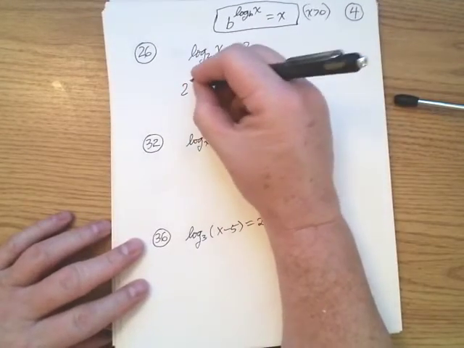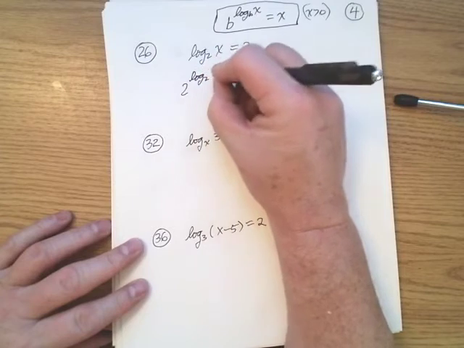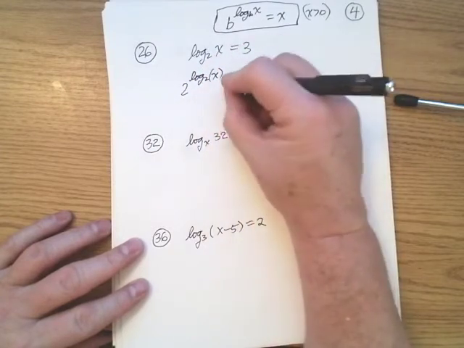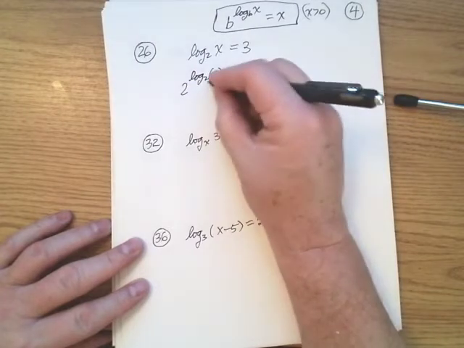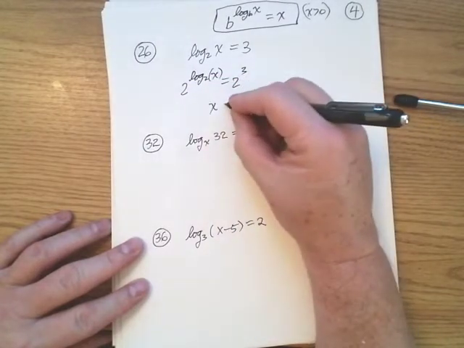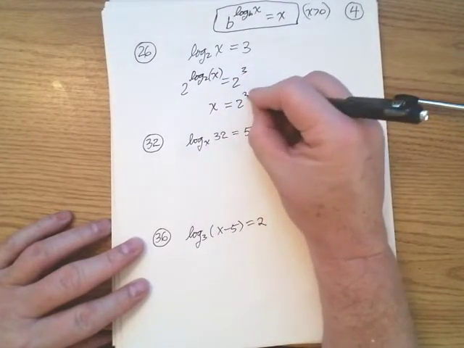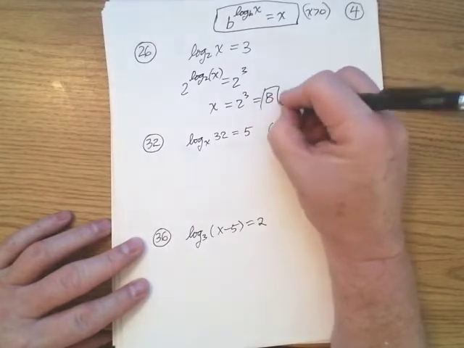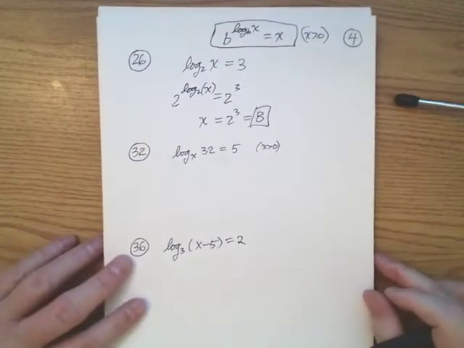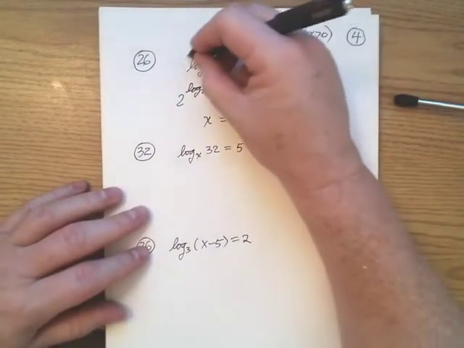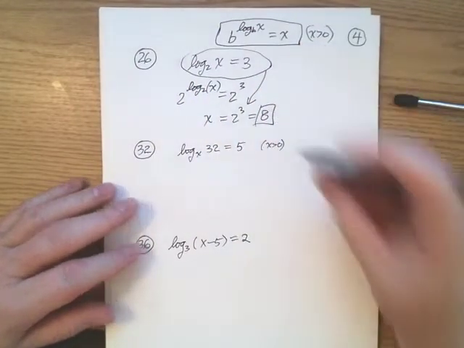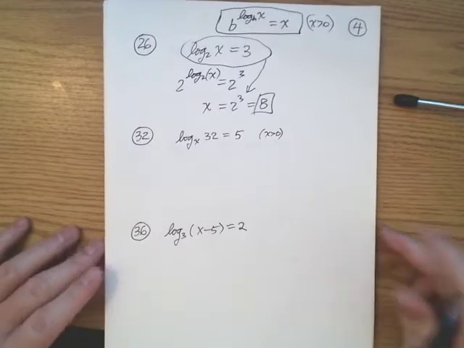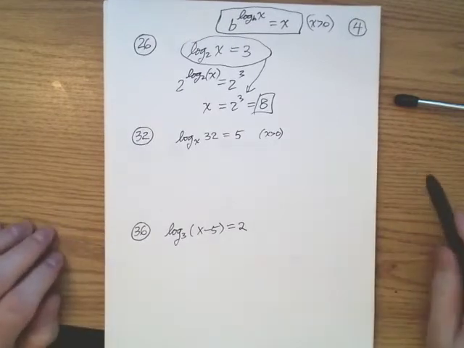So if I go 2 to the logarithm base 2 of x equals 2 to the third, these exponents are equal, right? This would just boil down to x, which is 2 cubed, which is what? 8. Okay? Of course, if you were really on the ball, you would have seen that this is equivalent to that anyways. We practiced that somewhat earlier here.